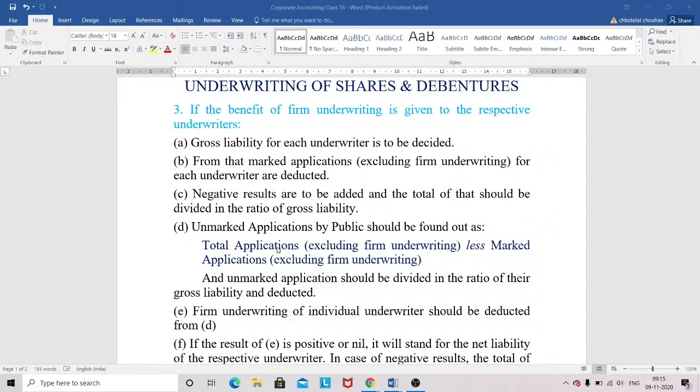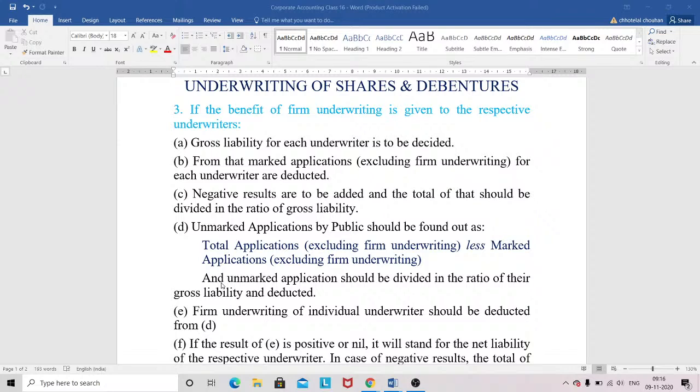So unmarked application by public should be found out as total application, in bracket I have written excluding firm underwriting, less marked application excluding firm underwriting. So you can calculate the unmarked application by applying this formula: total application excluding firm underwriting less marked application excluding firm underwriting.